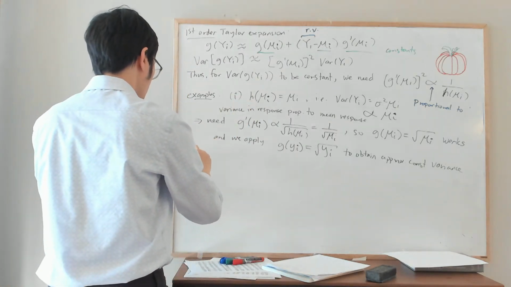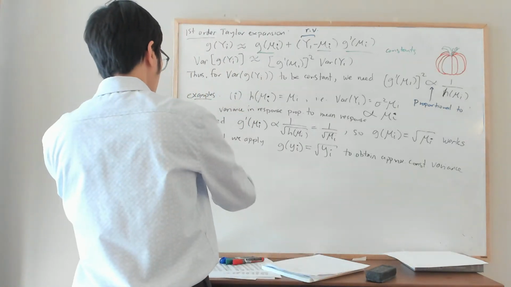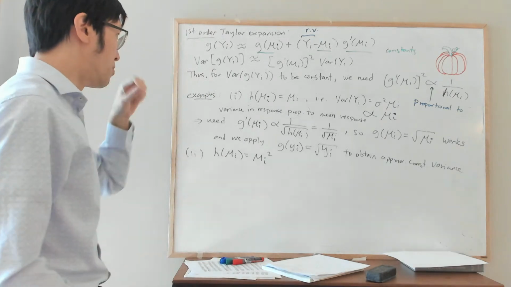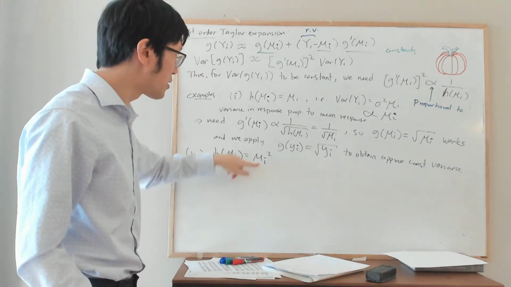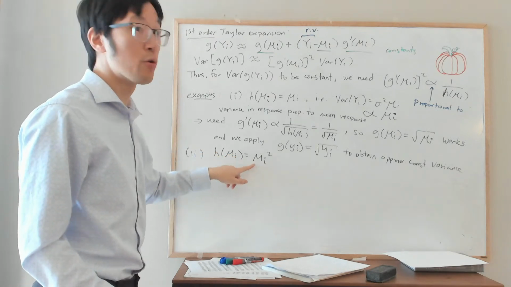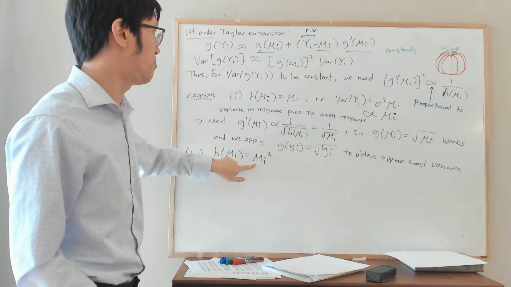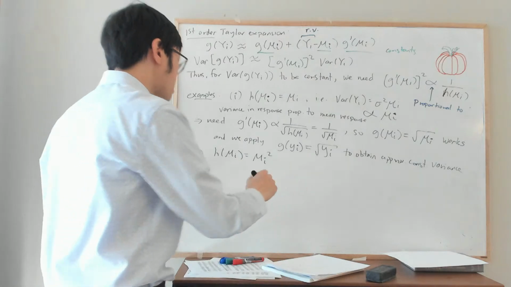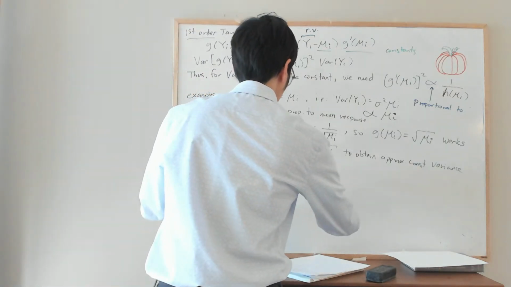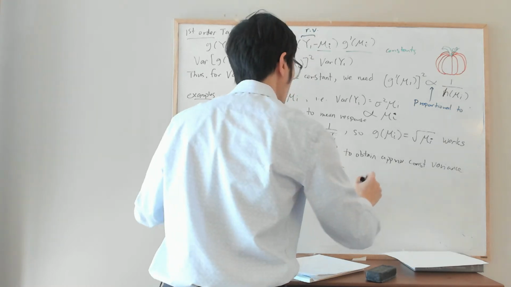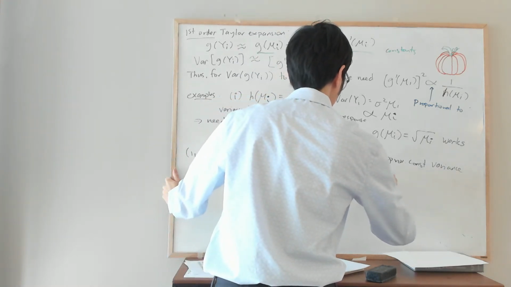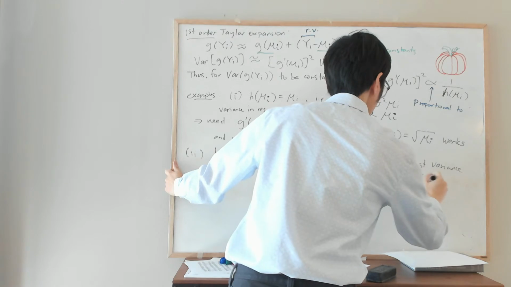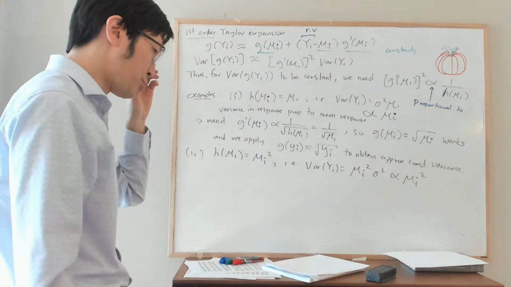So that's the first example. The second example is when h of mu i is equal to mu i squared. In this case, the variance is growing quadratically in the mean, whereas in the previous case it's growing linearly. So now the variance of the response is mu i squared times sigma squared, or in other words, proportional to the squared expected response.